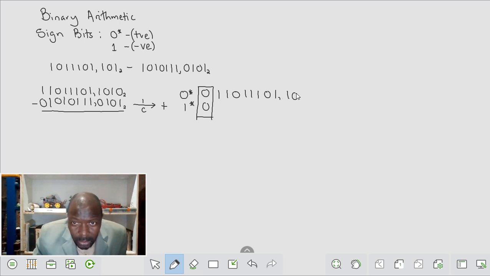That will be 1 1 0, three 1s, a 0, a 1, comma 1 0 1 0. Now we obviously have to do the 1's complement of the bottom number, starting with the buffer itself.